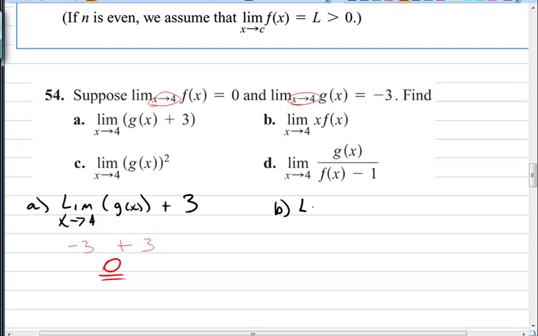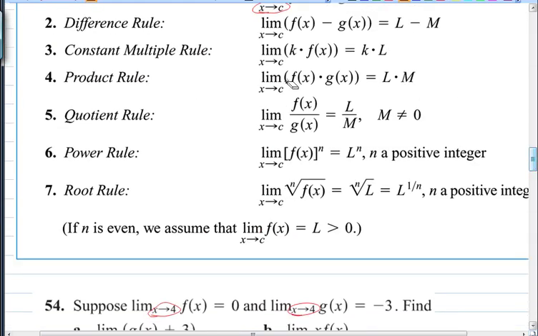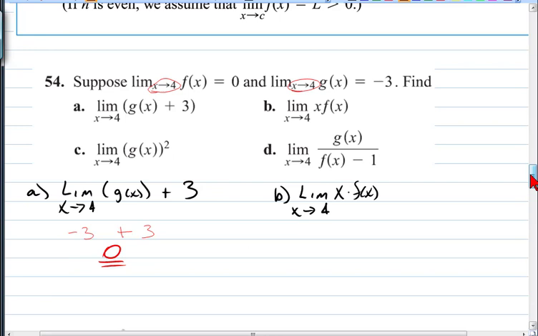What about the limit as x approaches 4 of x times f of x? If you look back up here at the product rule, you can multiply the limits together, right? So another way of thinking about this is, let me write it like this.